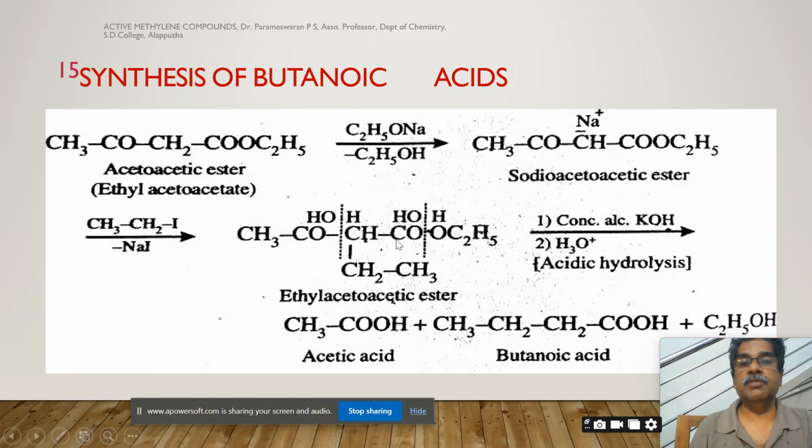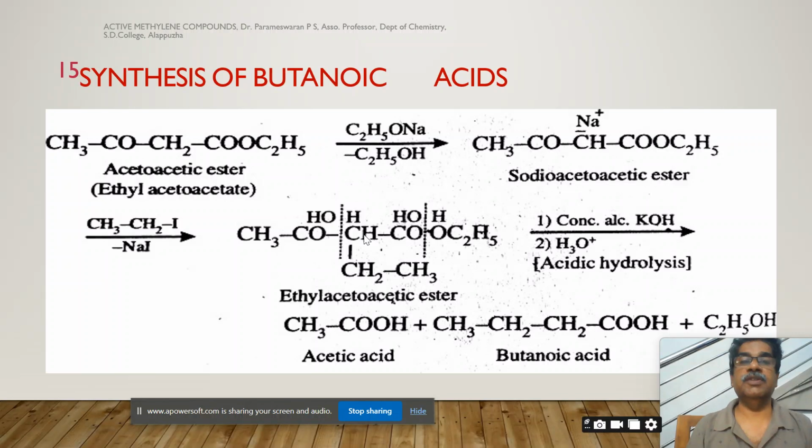See, one carbon this one, another carbon this one, and this carbonyl carbon becomes the carboxylic acid, and the other one is the CH2 part. Now there are two carbons. Butanoic acid, what is butane? Four carbon atoms. So we need to introduce two more carbons, meaning we substitute or replace the H by an alkyl group with two carbons, that means an ethyl group.